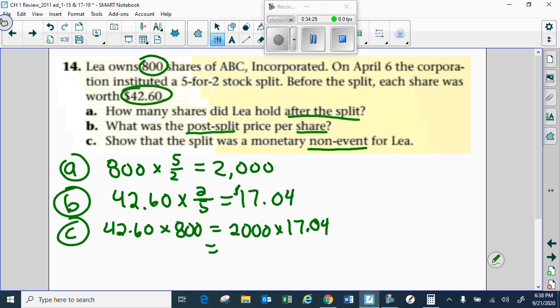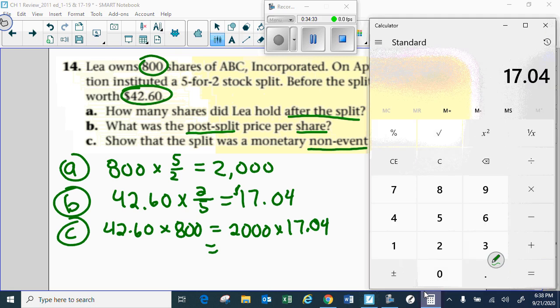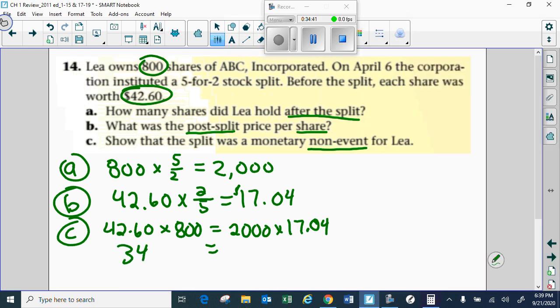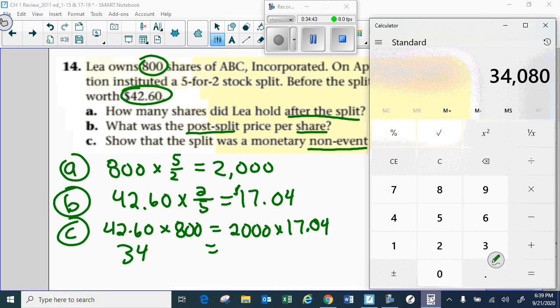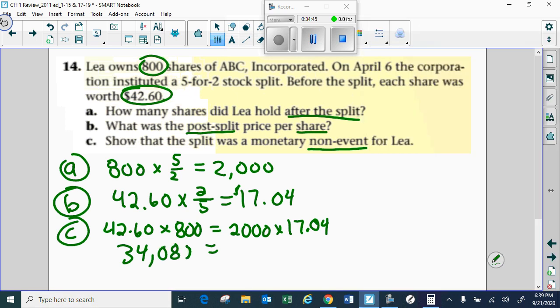So now you just put each in your calculator and show that you get the same number. That's what that means. So 42.6 times 800 is 34,080. I should get the same thing now.